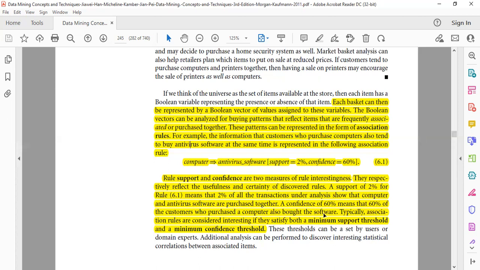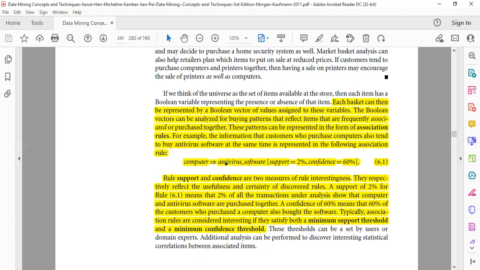So we have a condition: if the first item is bought, how many such transactions are there, and in how many of those transactions did they also buy the antivirus software. That is, if the first item was bought, what is the probability of the second item. Here this is represented as 60%.